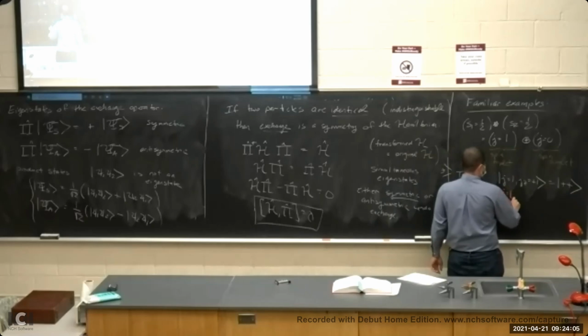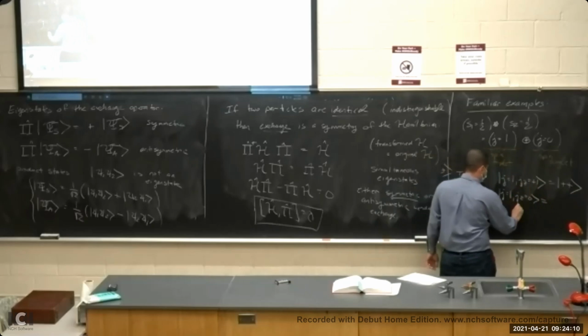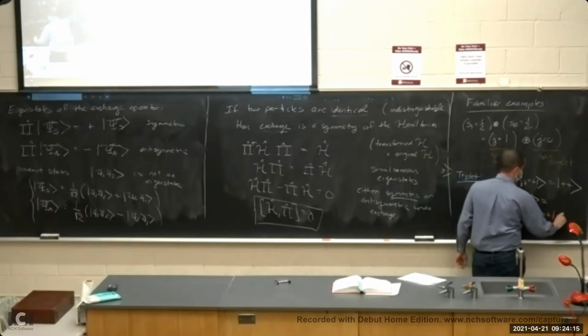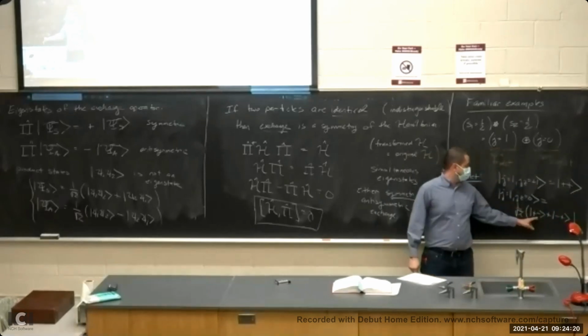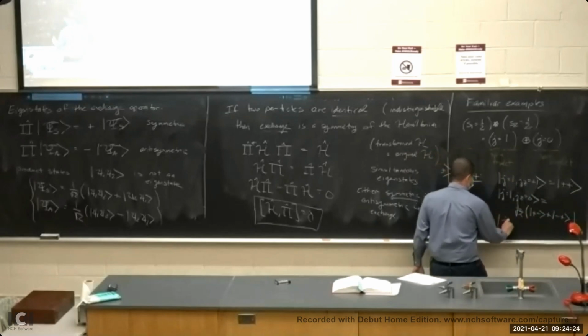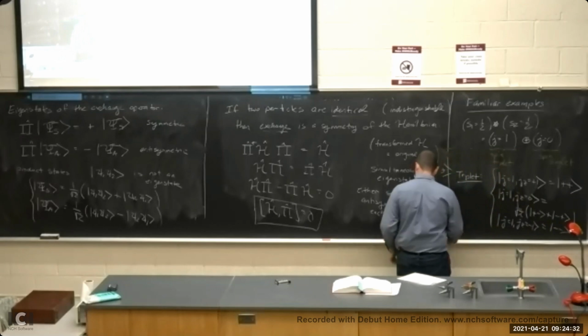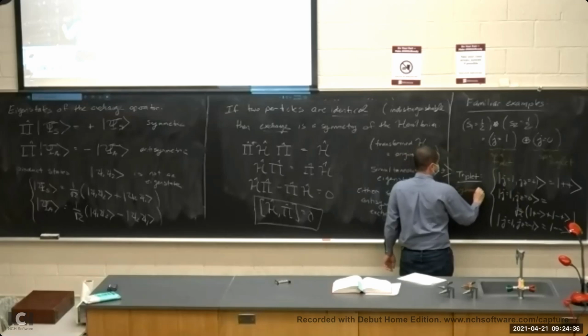The J equals 1, Jz equals 0 state we obtained from lowering this state, and we got a combination that was symmetric, 1/√2 (+- plus -+). This one is less trivial, but it is symmetric under exchange of which one is up and which one is down. And likewise, we trivially got J equals 1, Jz equals -1 was minus minus. So each of these states is symmetric under exchange.